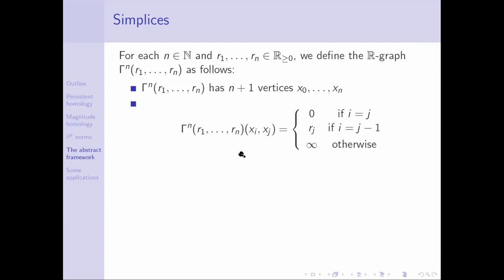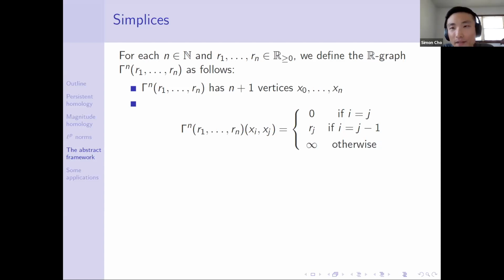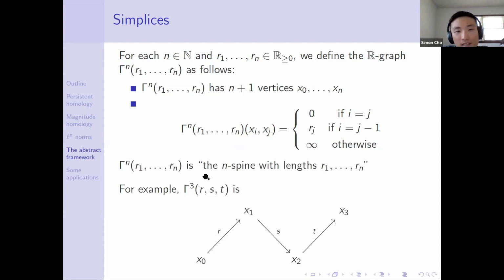From the perspective of classical metric spaces, this is a very pathological space. It's not a metric space. So we think of this as the n-spine with these lengths. So wherever you don't see an arrow, it means that the distance is infinite. Okay.